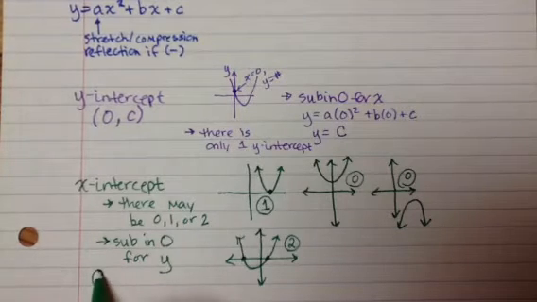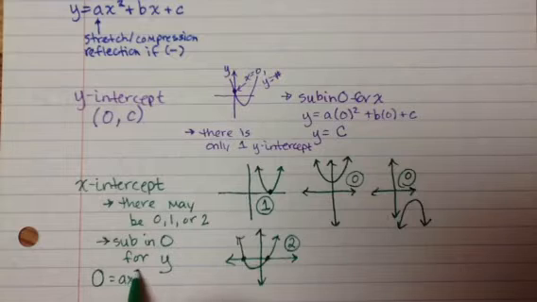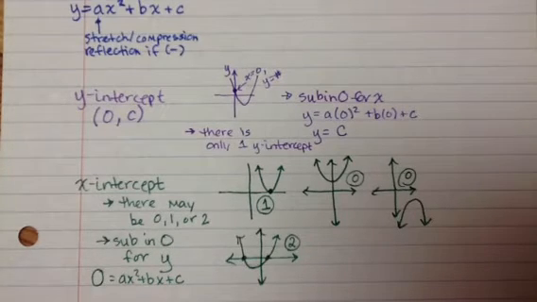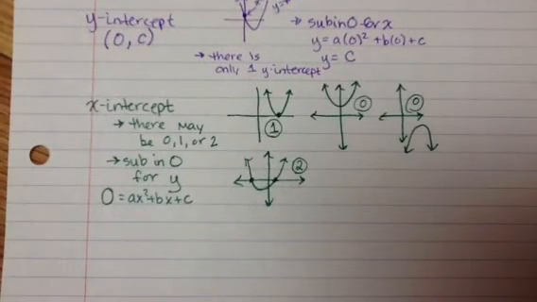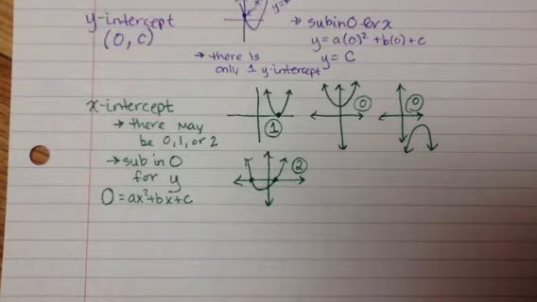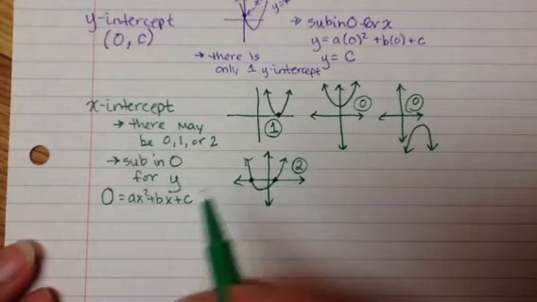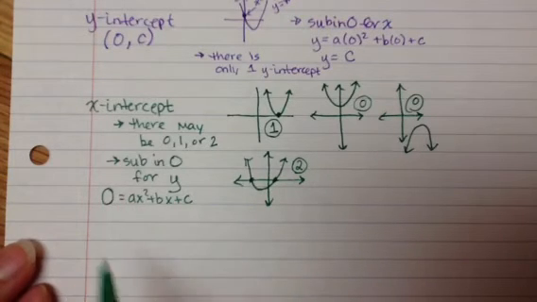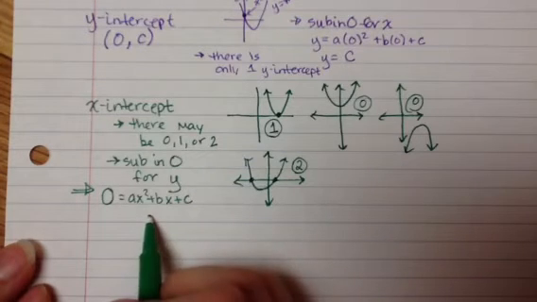So it's really going to be 0 equals ax squared plus bx plus c. Now that should look familiar. This is a quadratic equation that we need to solve.